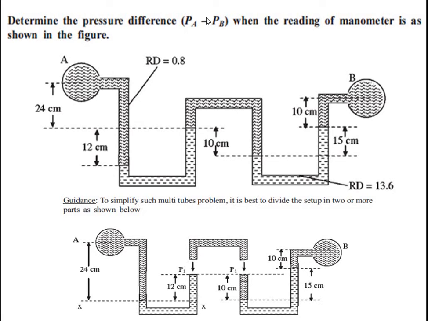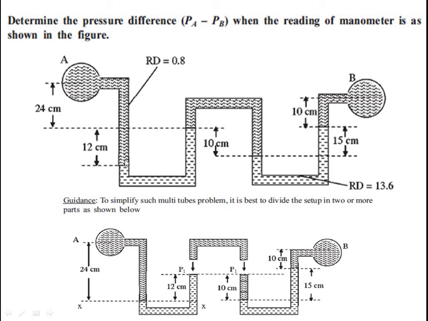Now see here carefully. This is reservoir A, this is reservoir B. With respect to this datum line, reservoir A is 24 cm above, reservoir B is 10 cm above. Now this is filled with fluid inside the reservoirs.